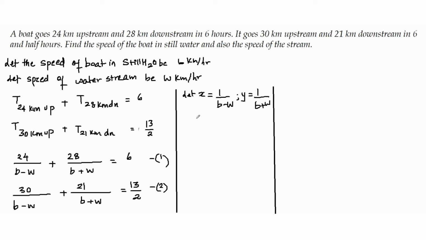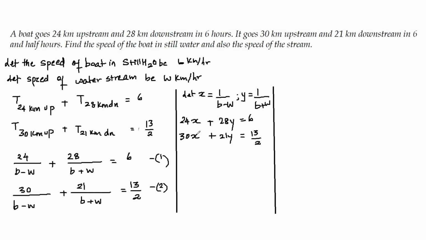So this becomes 24 times x. So 24x plus 28y is equal to 6. And the second equation is 30x plus 21y is equal to 6.5, which is 13 upon 2, right?